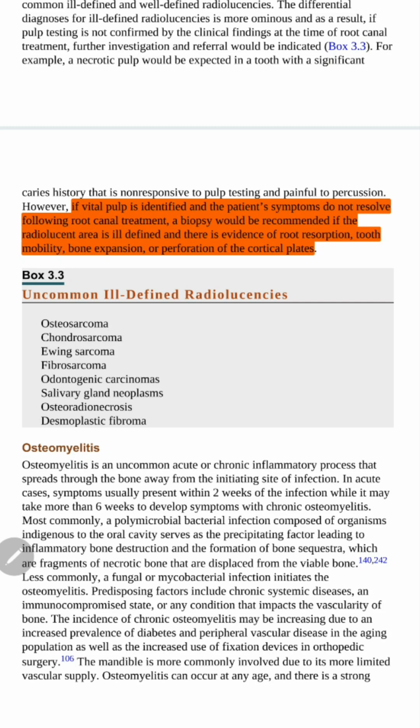Now, before we go to the more invasive lesions, let's take a quick note on when we do a biopsy.